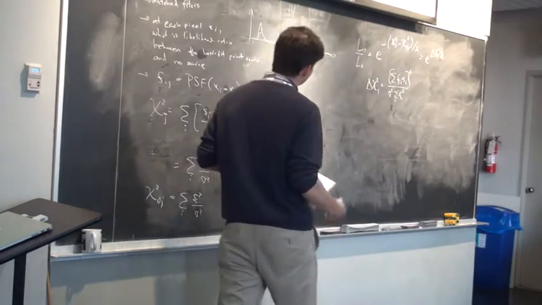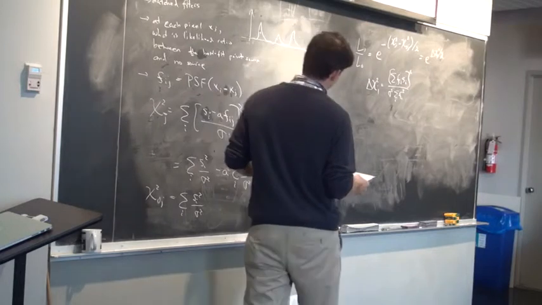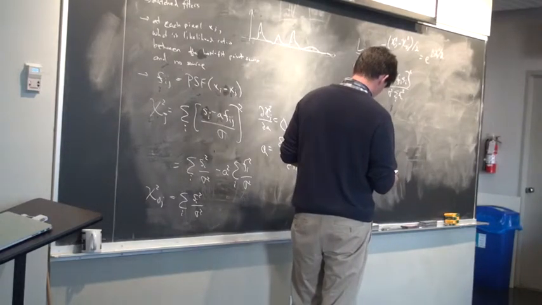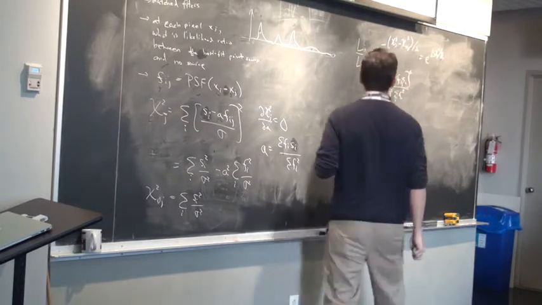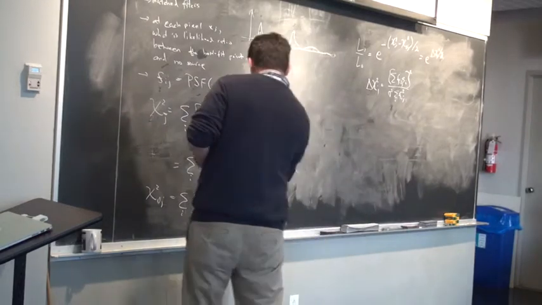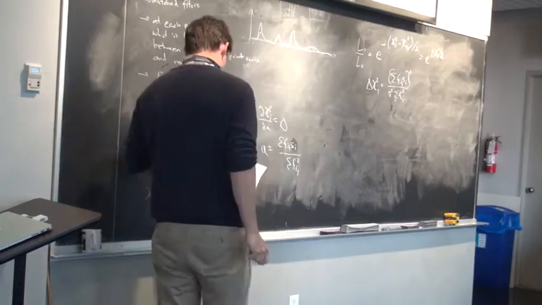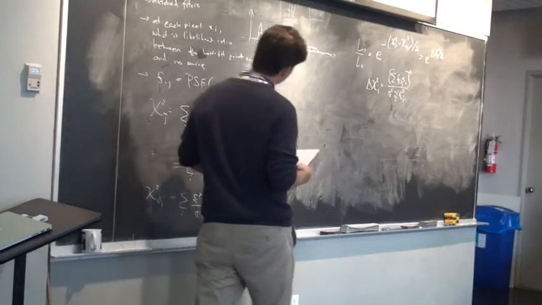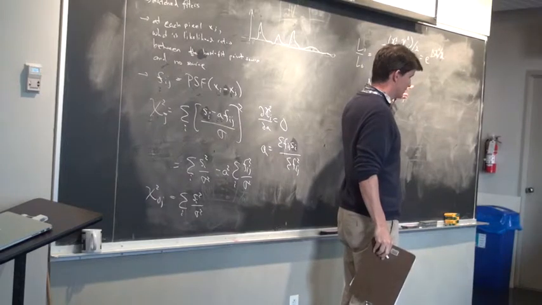So all I have to do is, at each j, at each pixel, evaluate this. These are all Fij's, sorry.